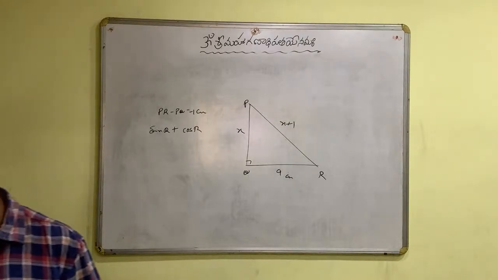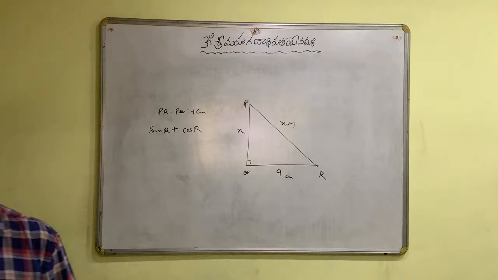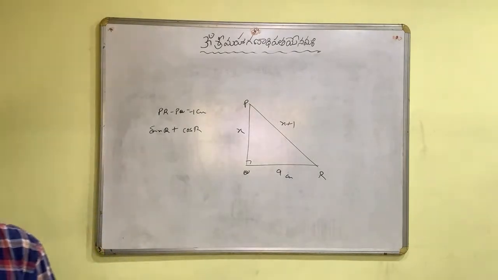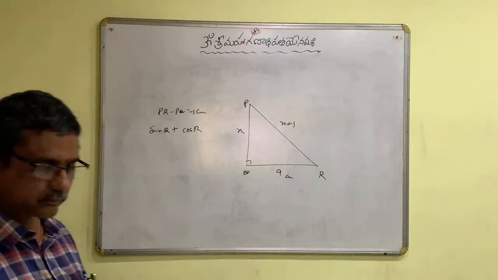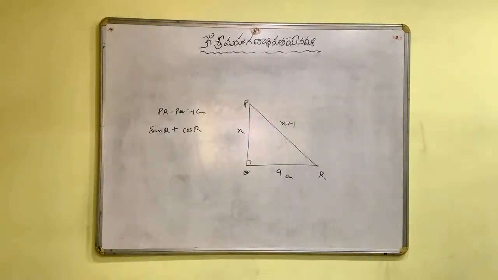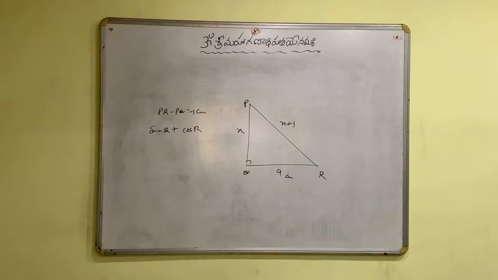We know triangle PQR is a right angle triangle. Can we find out the X value here, children? What is X? Anyone?